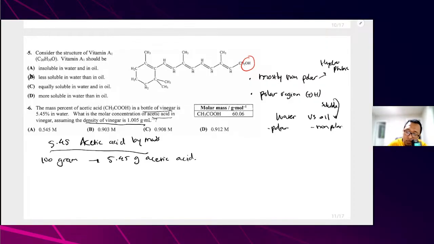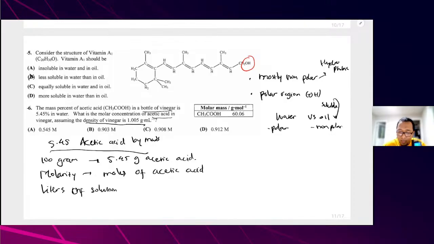To calculate molarity, we need the mole of solute, which is acetic acid, and then we need liters of solution.